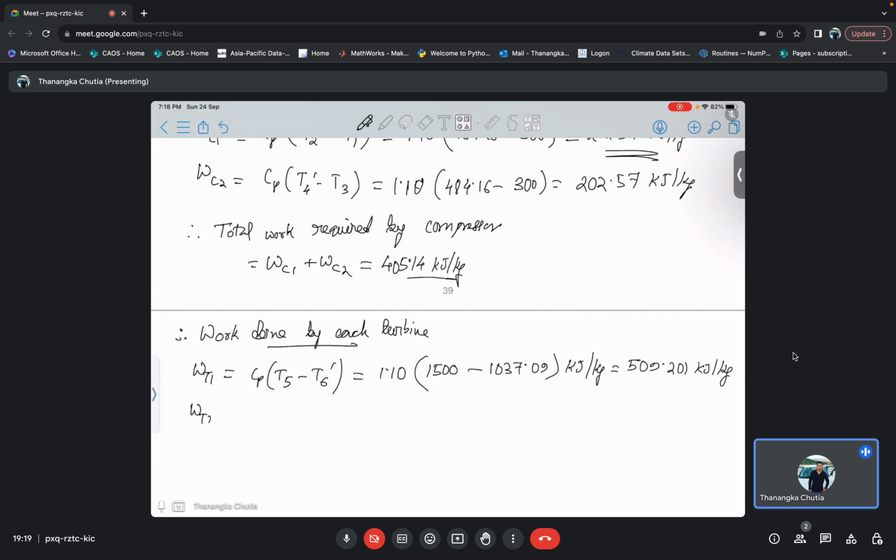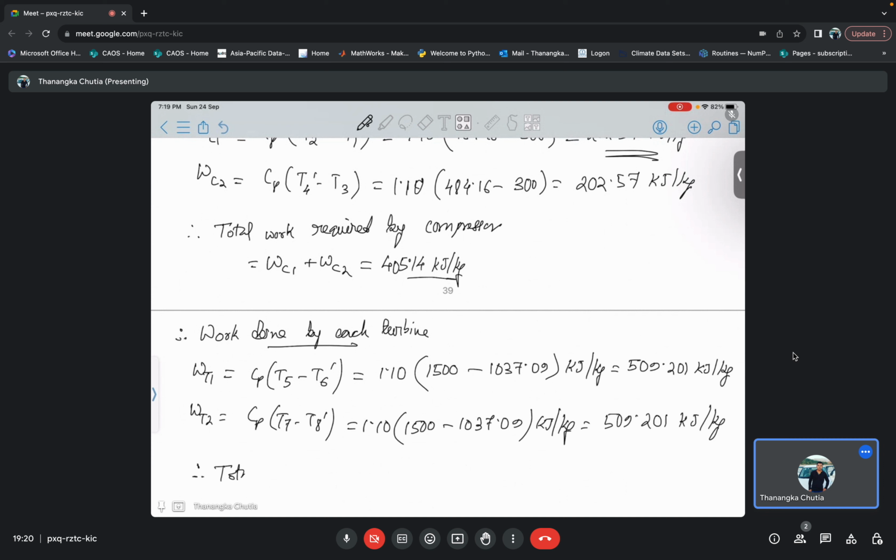Similarly, WT2 will be nothing but Cp times T7 minus T8 prime, which has the same values, 1500 minus 1037.09, that is 509.201 kilojoule per kg.